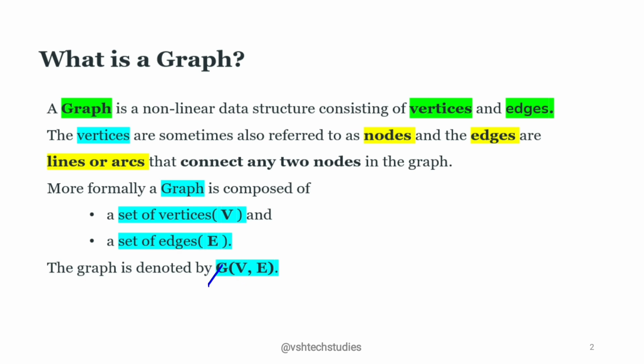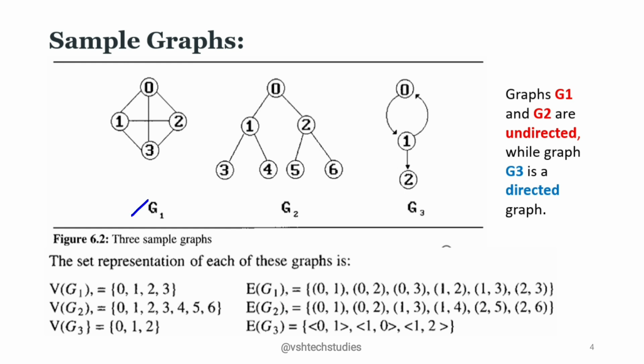So a graph consists of a set of vertices and a set of edges, and this is the set of edges for G3, that is E(G3).